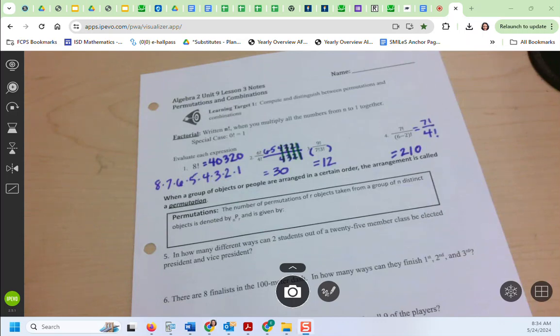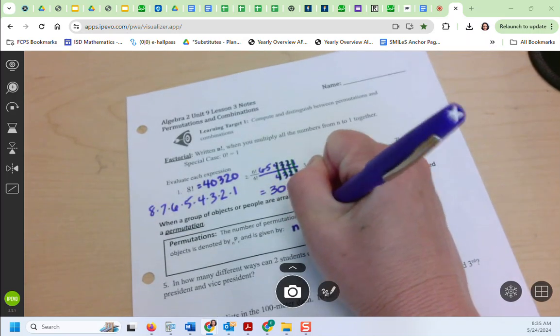Where's algebra? All right, here's your formula.